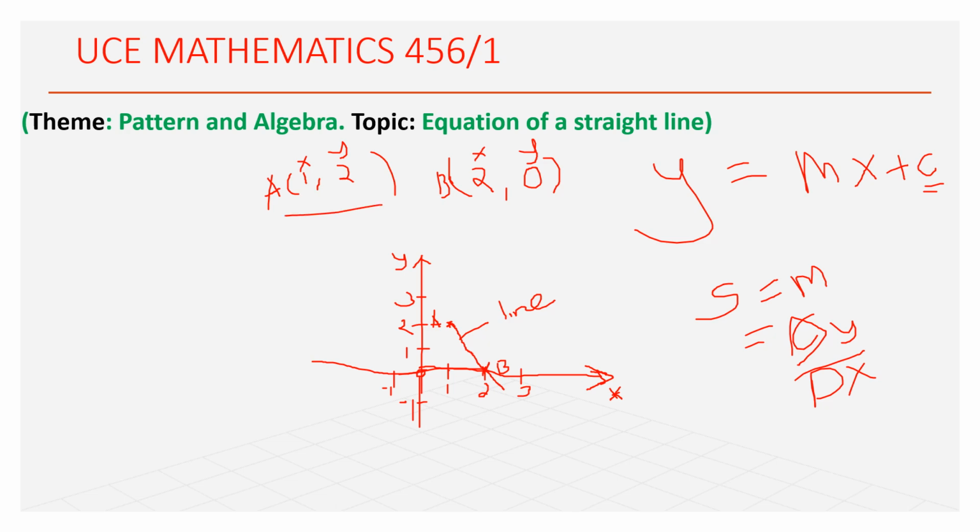For this we have A and B. If I want to get the gradient there, I will say m is equal to y2 minus y1 over x2 minus x1, where x1, y1 is the first coordinate, then x2, y2.